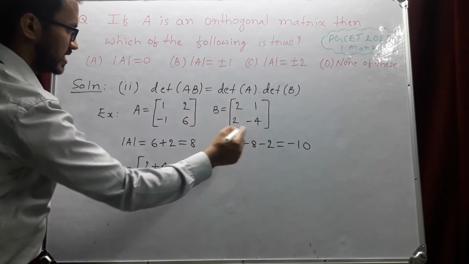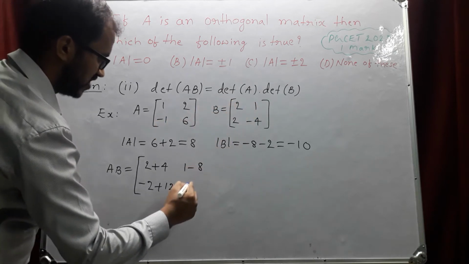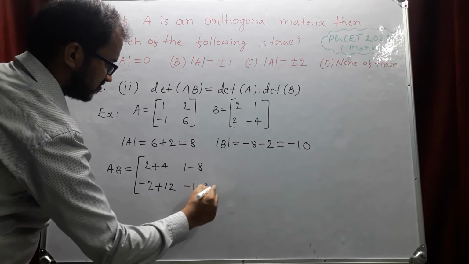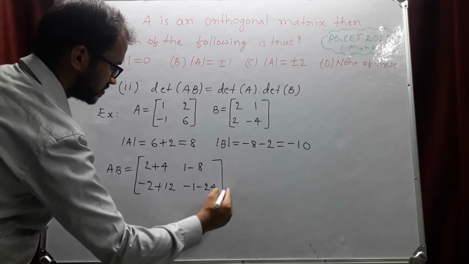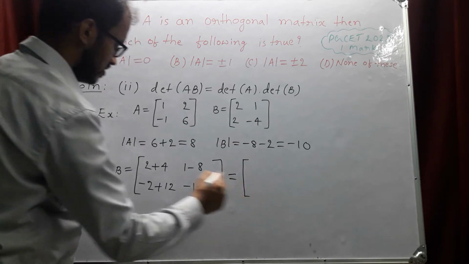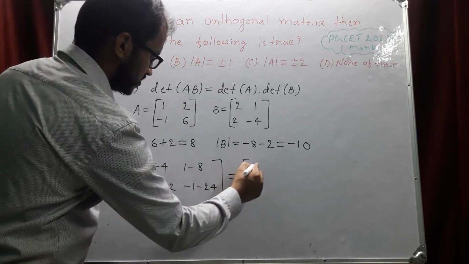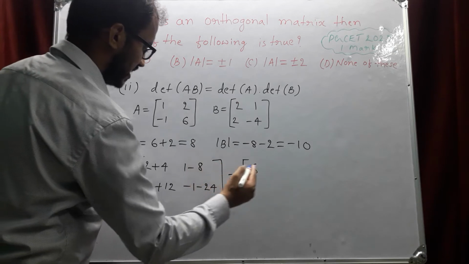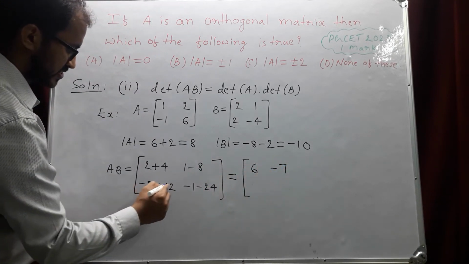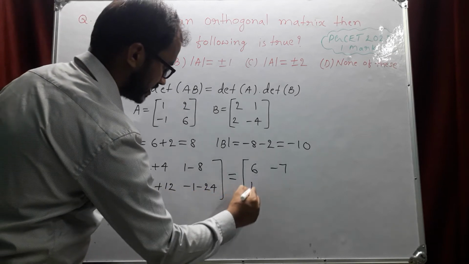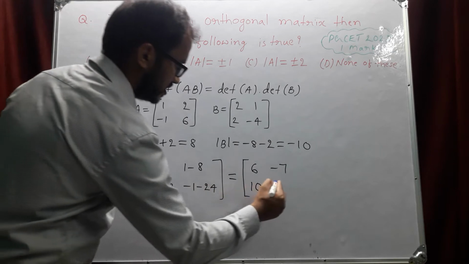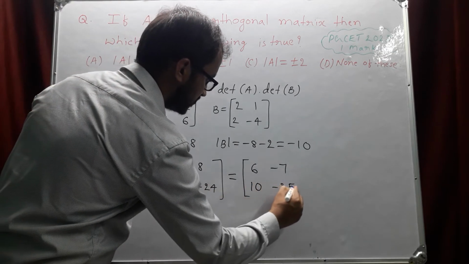Second row, second column: minus 1 minus 24. So that equals 2 plus 4, 6; 1 minus 8 becomes minus 7; minus 2 plus 12 becomes 10; minus 1 minus 24, that is minus 25.